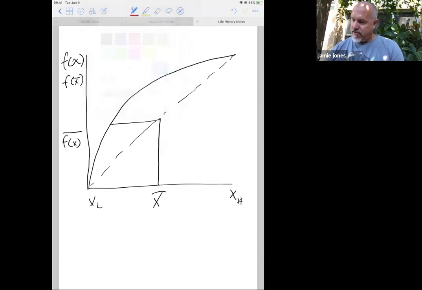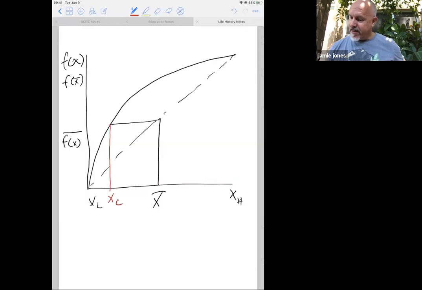Now we'll change the color of the pen. This value of x here is what's called the certainty equivalent. That's the certain value that you should be willing to trade for the gamble.